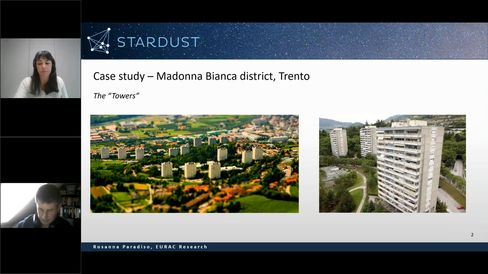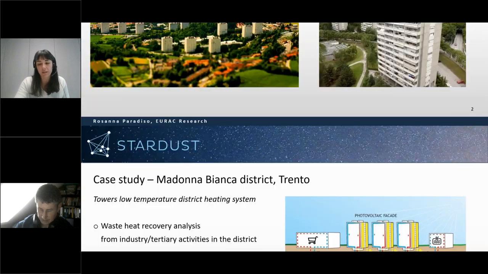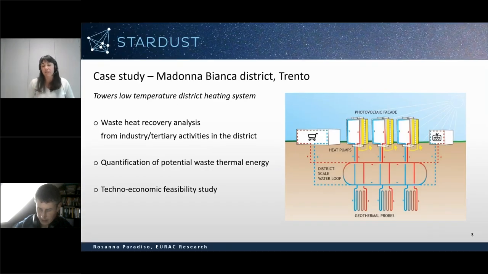So they studied the application of photovoltaic facades, and the connection to geothermal probes for the building of a district scale water loop, in which the waste heat from supermarkets and a swimming pool close to the towers would be rejected.